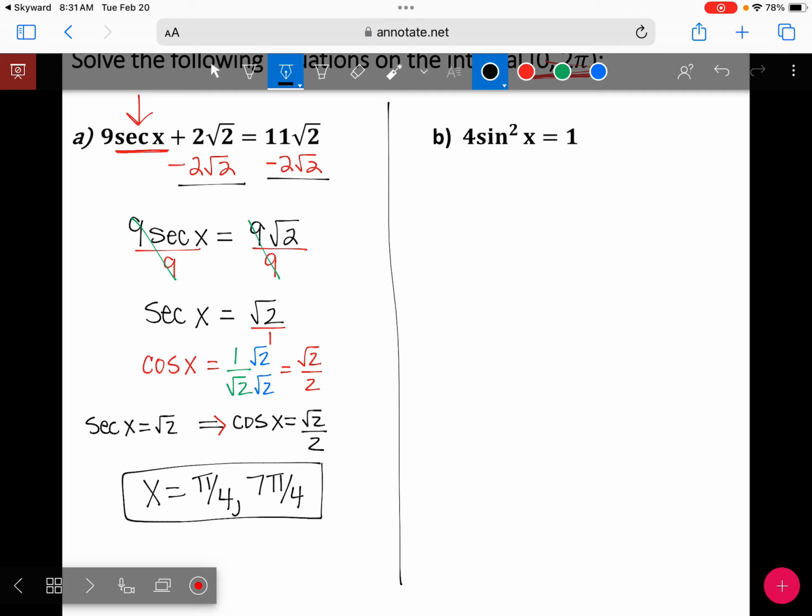I'll just give you a hint. We're looking for 4 answers. There's 4 angles on the unit circle. So is it 1 for each quadrant?